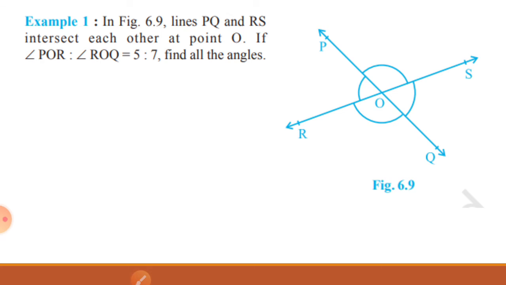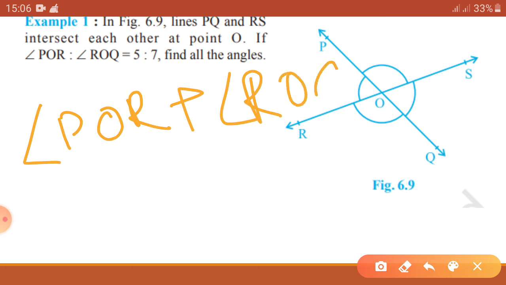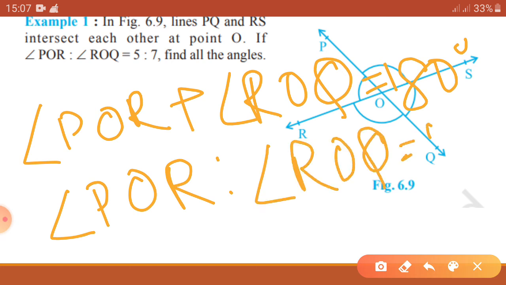For the solution, angle POR plus angle ROQ are a linear pair of angles, so the sum of these two angles is equal to 180 degrees. But angle POR to angle ROQ is 5:7 as given in the question.